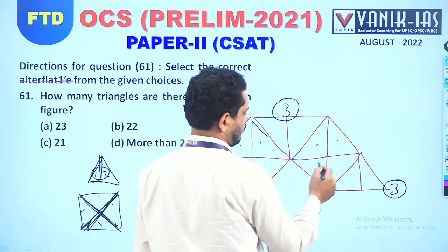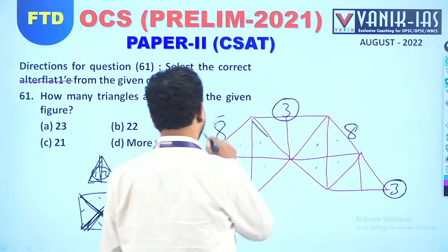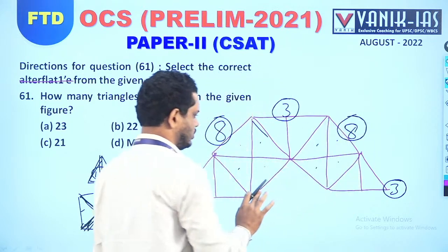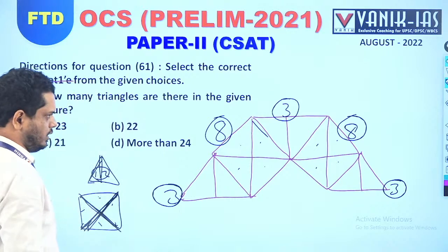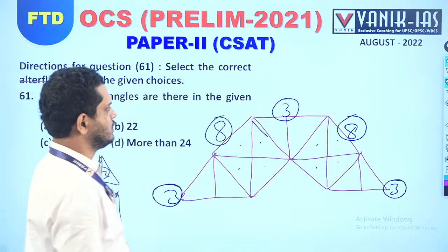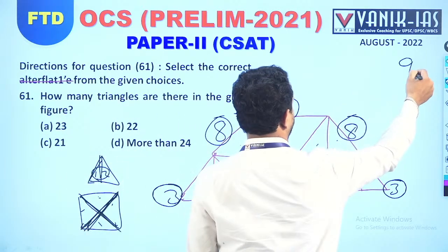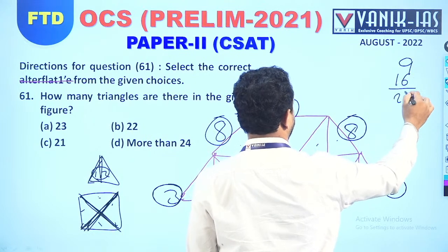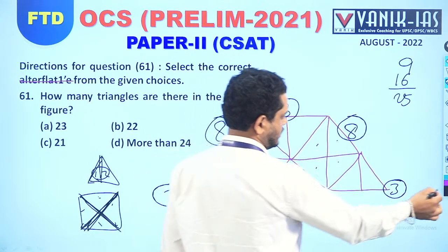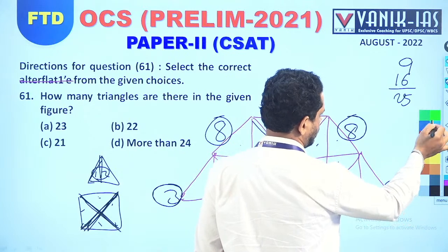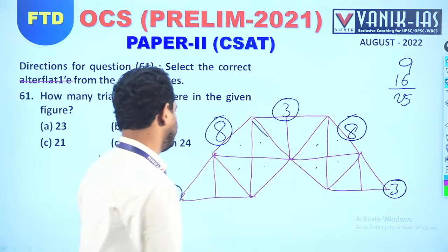Here again 1, 2, 3, 4, 4 twos are 8. Total number of triangles as of now is 3 times 3 is 9, plus 2 times 8 is 16, it becomes 25. But friends, we have some more triangles over here.